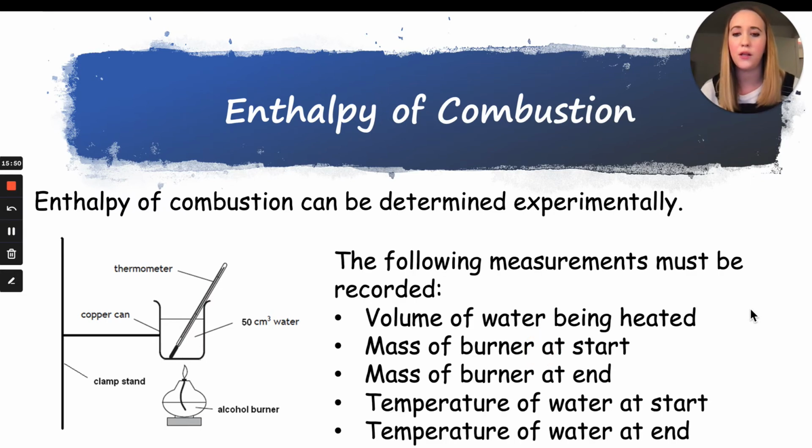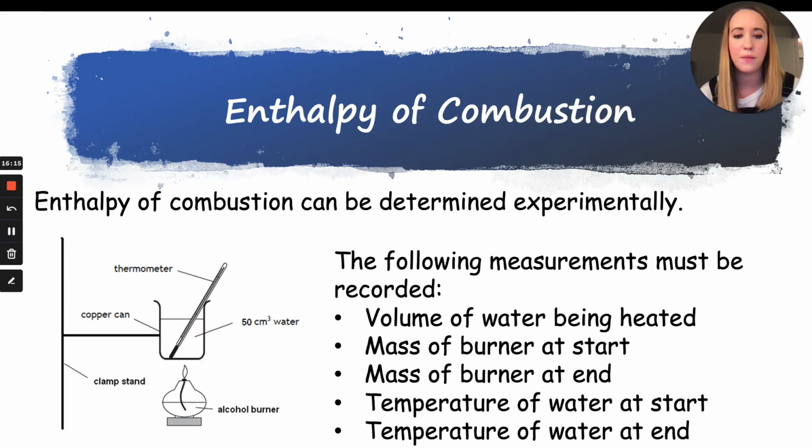Okay, so there's quite a lot of measurements. In order for us to do a calculation with this data, we need to take quite a few measurements. We need to make sure we record and we know the volume of the water that's being heated. So that's an important part of our calculation. We need to know how much fuel, how much of the substance has been burned.